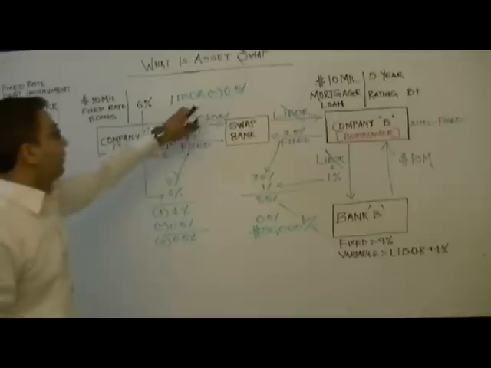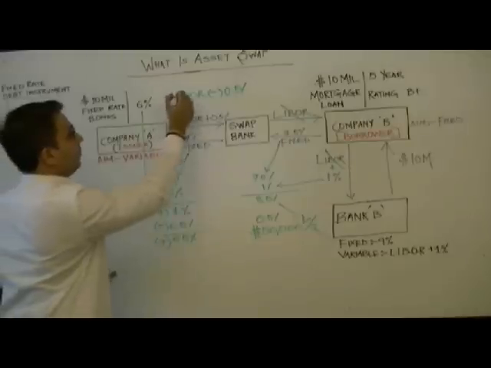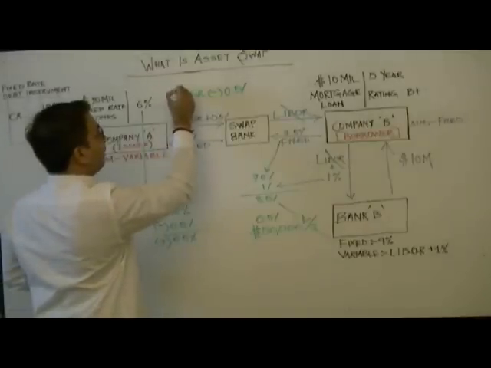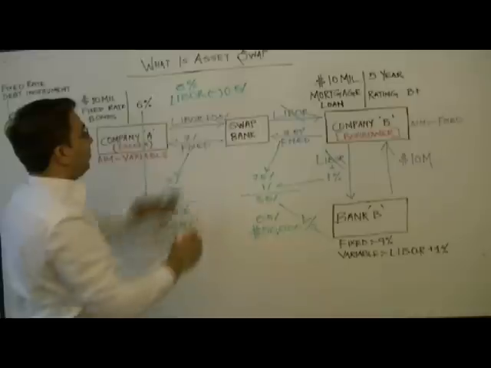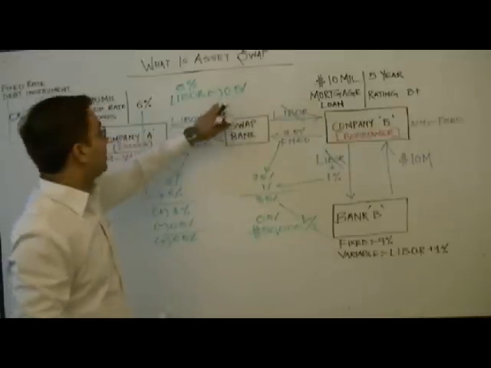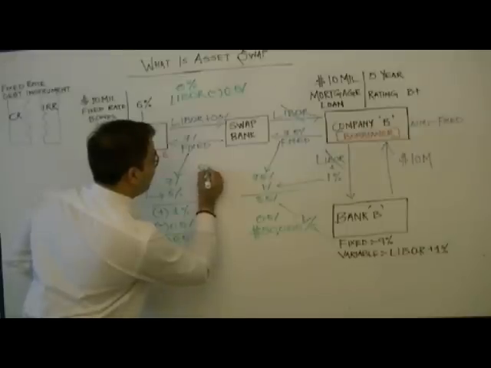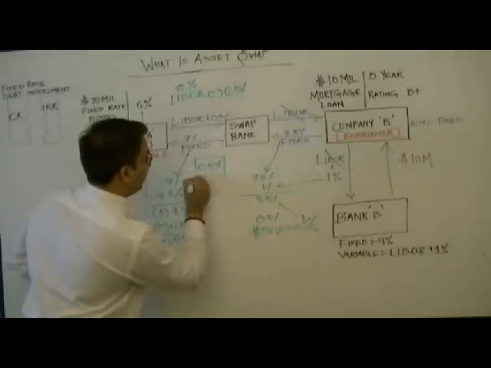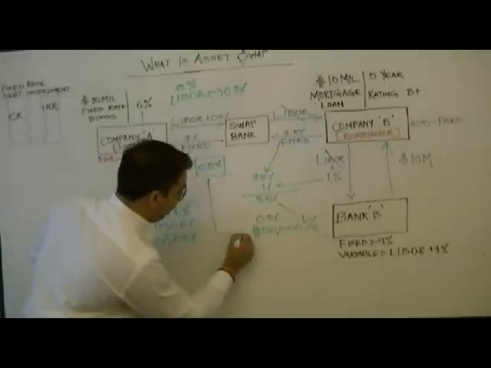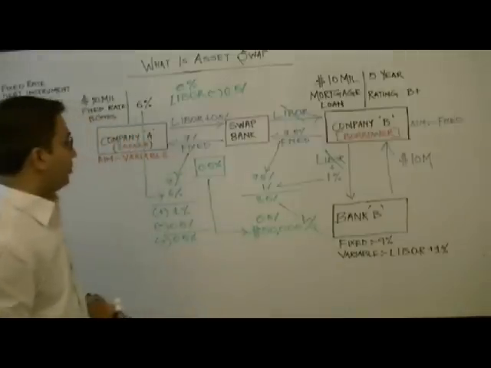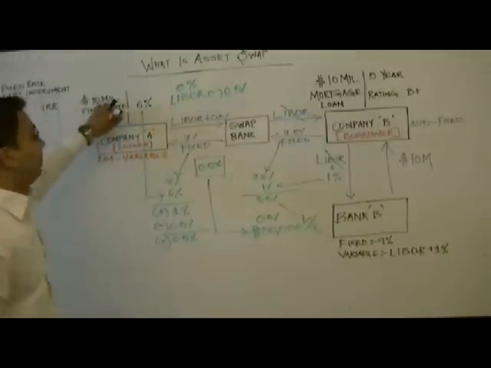So again, it's a benefit for company A because company A is paying, suppose LIBOR would be 6%, minus 0.5%, a saving of 0.5% here, which is again equal to a saving of $50,000 on the $10 million transaction, which is a fixed rate bond.